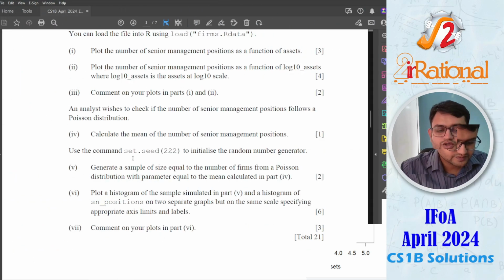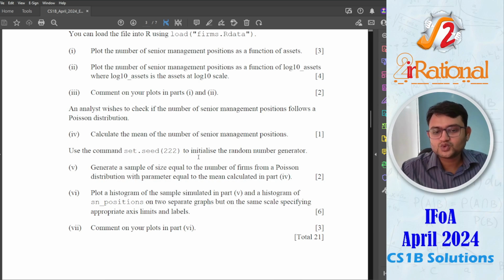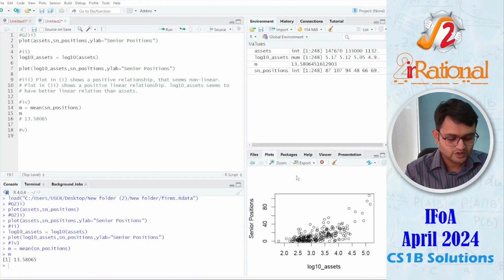Next, use the command set.seed(222) to initiate the random number generator. Generate a sample of size equal to the number of firms from a Poisson distribution with the parameter equal to the mean calculated in part 4. So first I'll just say N is length of SN positions.